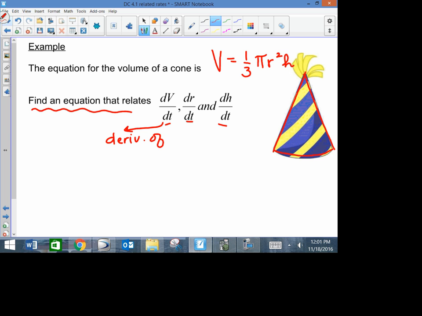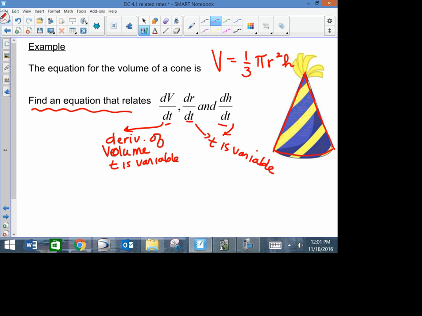Derivative of the volume with respect to time. So time is the variable here. Okay? You are going to solve this with one variable.